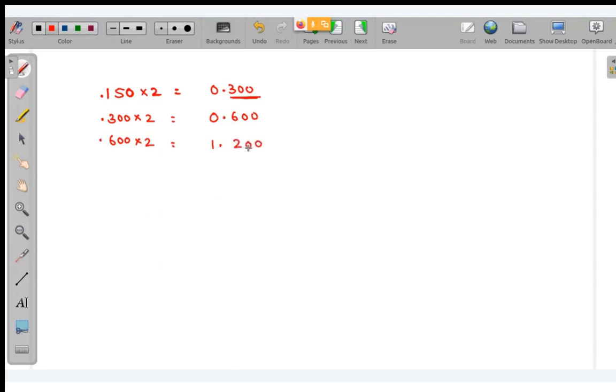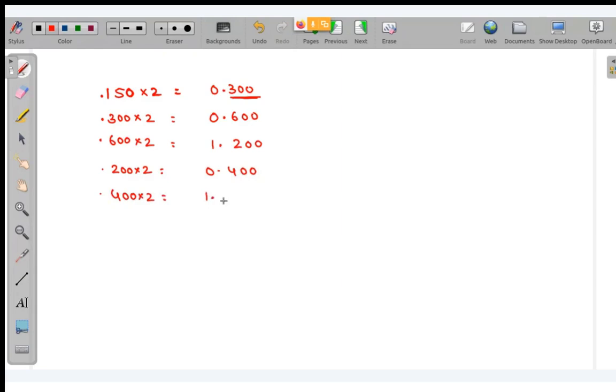Again multiply this 0.200 by 2, so this will be 0.400. Now again multiply this with 2, and this will keep on going.